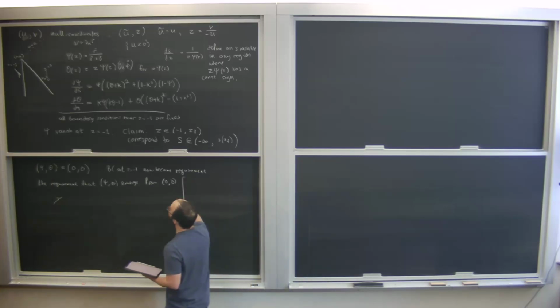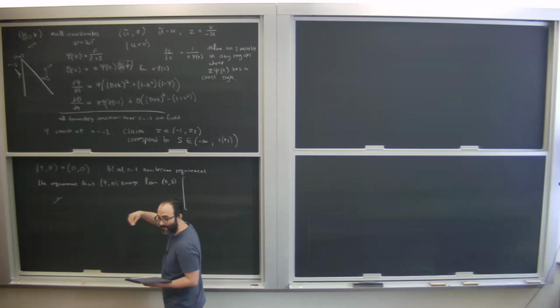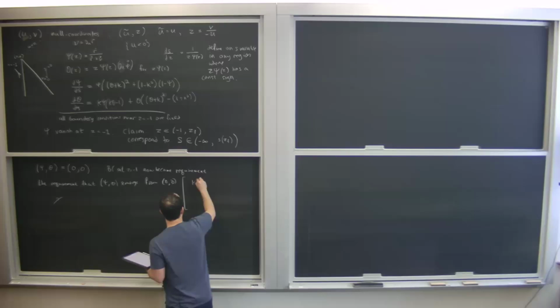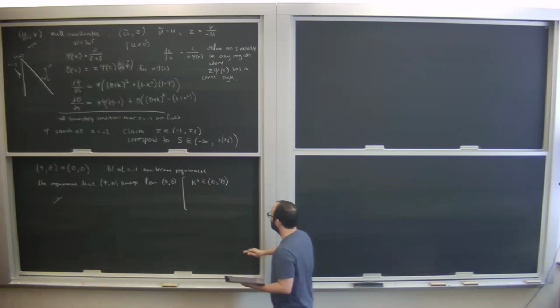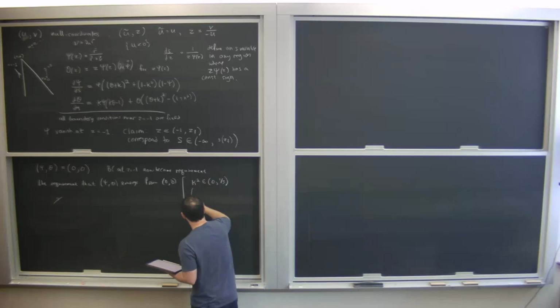But I'm going to focus on the solution which is relevant for looking at naked singularities, and this turns out to be k squared between 0 and 1/3. You won't lose much if you just think that k is something very small.